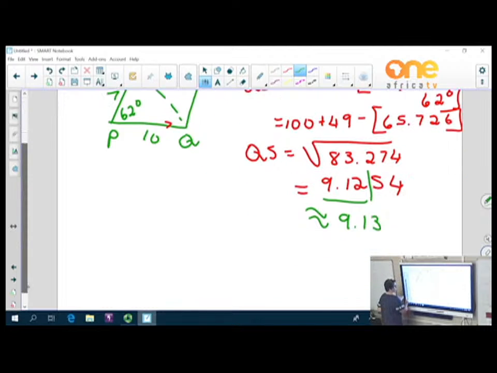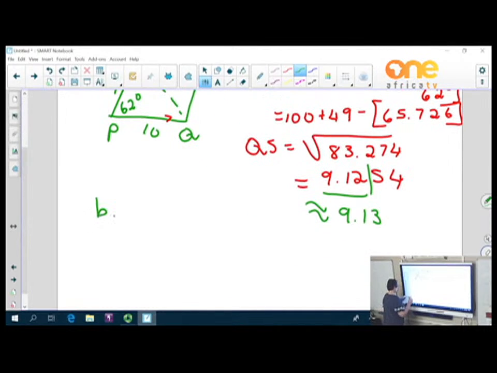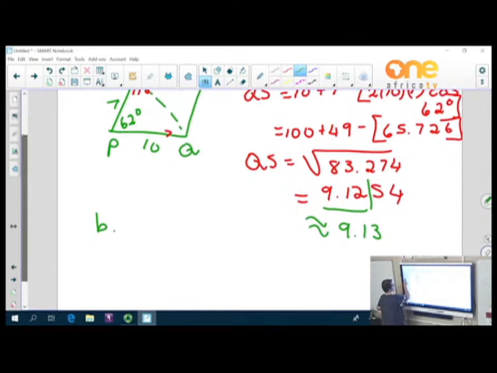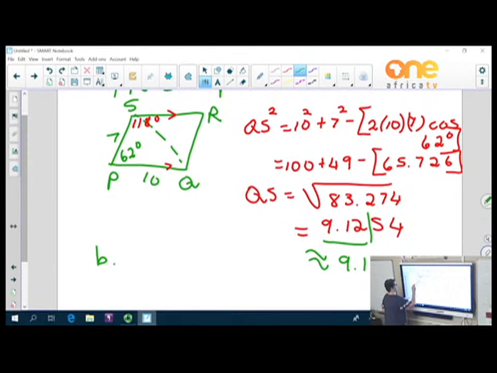But there's also a B part, and now they want us to calculate PR. So this is this diagonal. Those two diagonals are not equal. We have now to calculate another angle there. Now this is where we're going to use this 118 degrees, because it means this angle here is 118 degrees. In the parallelogram, opposite angles are equal.